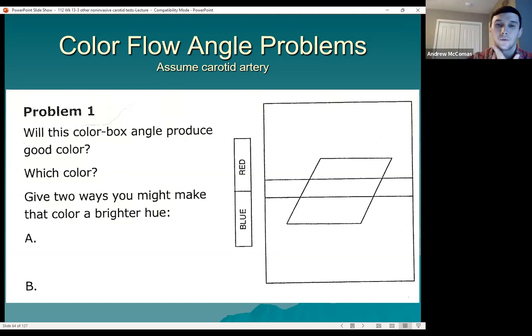Wouldn't it be blue? Blue, yep. It's gonna be a negative Doppler shift. Can you see that, Sydney? You can see negative Doppler shifts, positive. Yeah, I do. I just wanna make sure you guys are okay with being able to see it.